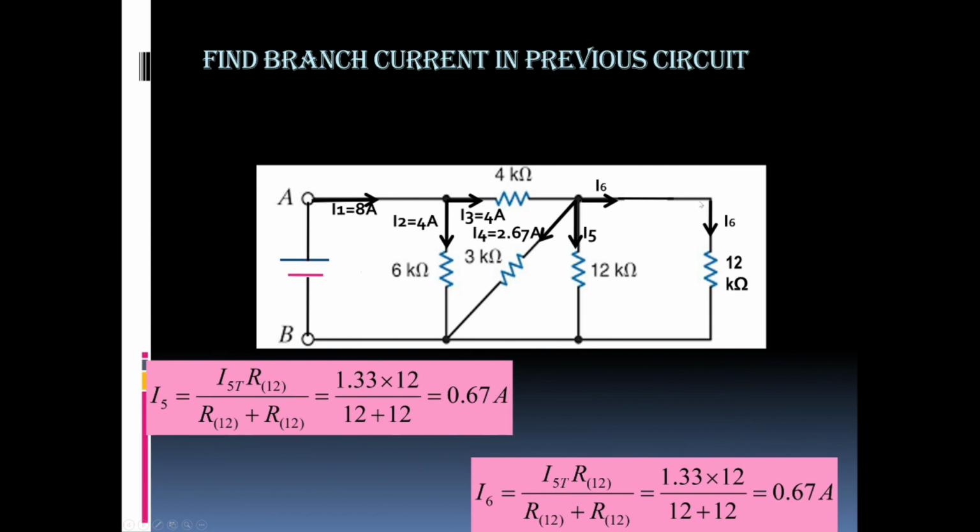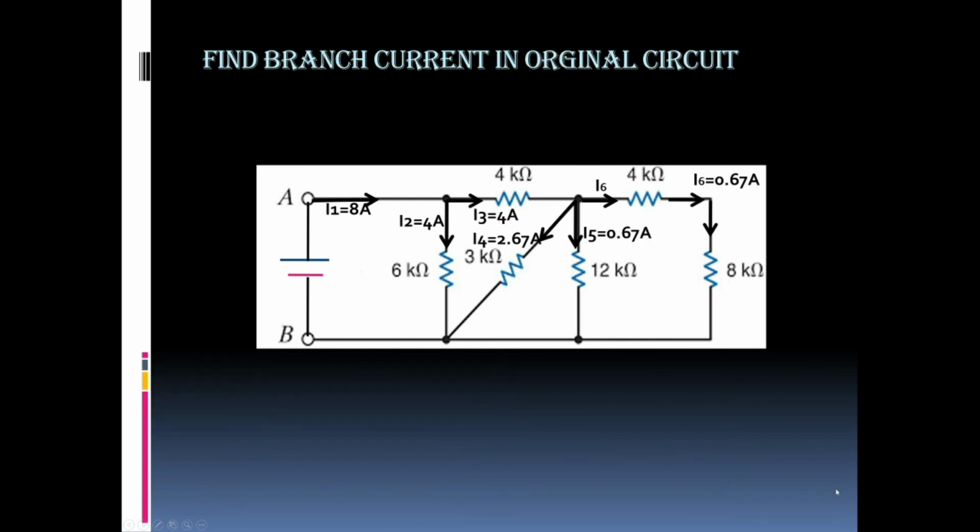And then to find I6, again the total current was 1.33 ampere, and the resistance of the other branch is 12 kilo ohms, divided by the sum of resistance, which will give you 0.67 again. So now we have marked the current for all the branches.